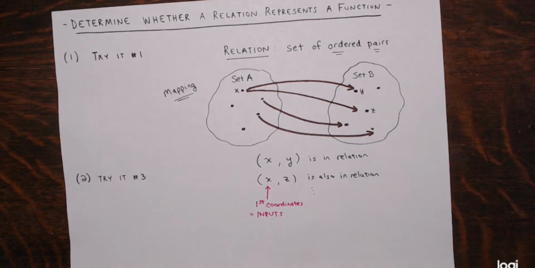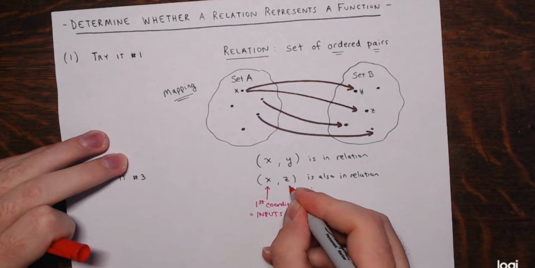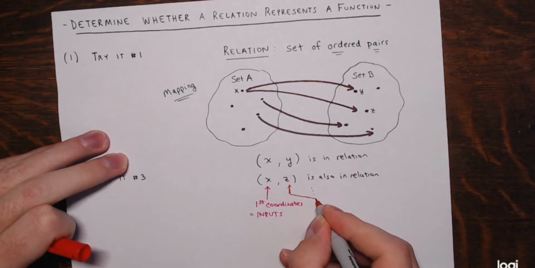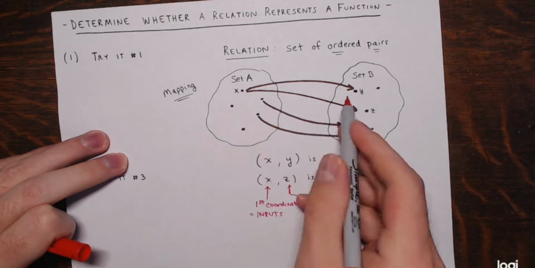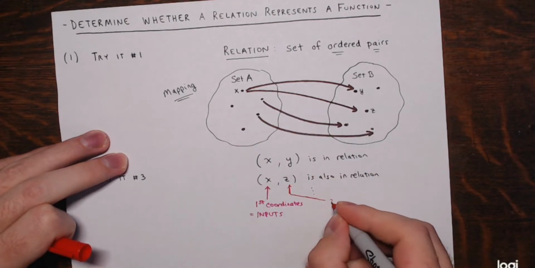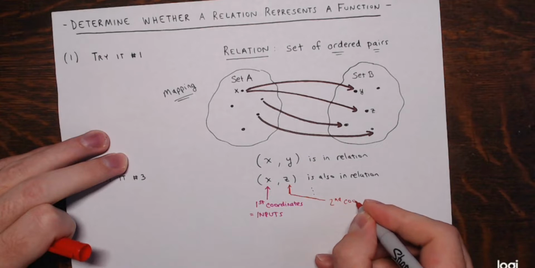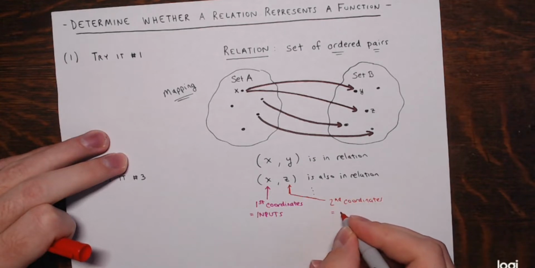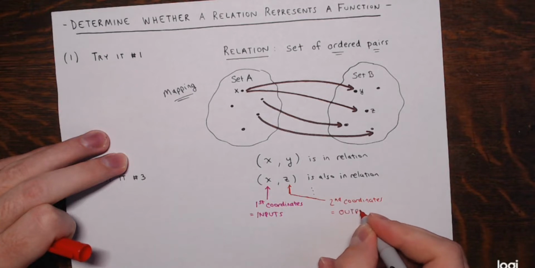And the second coordinates, like the y and the z here in the ordered pair, what those first coordinates are paired with, the second coordinates in these ordered pairs, are often referred to as the outputs.